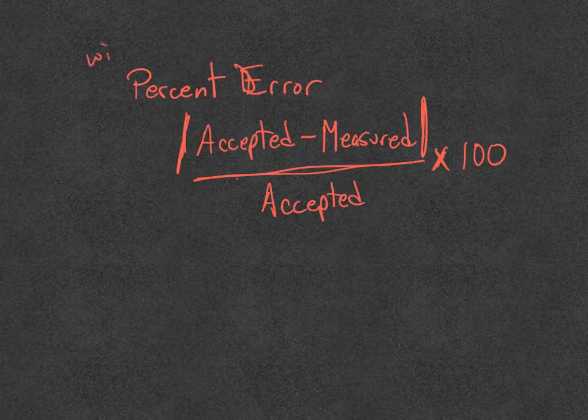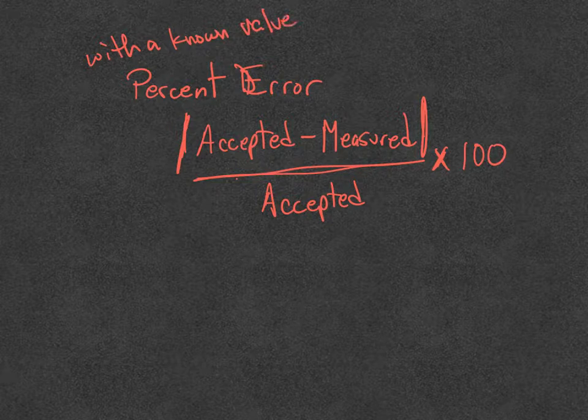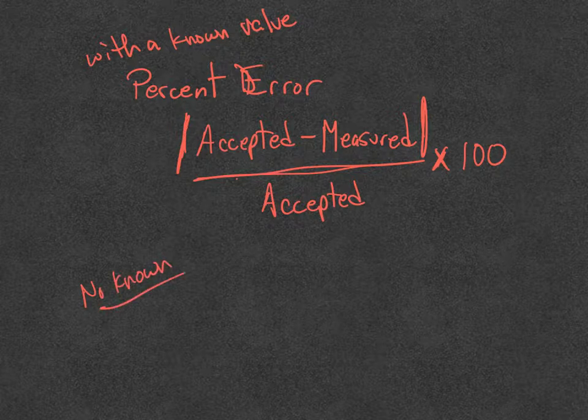So that's with a known or accepted value. Then with no known value, typically we're going to measure the same thing from multiple approaches.